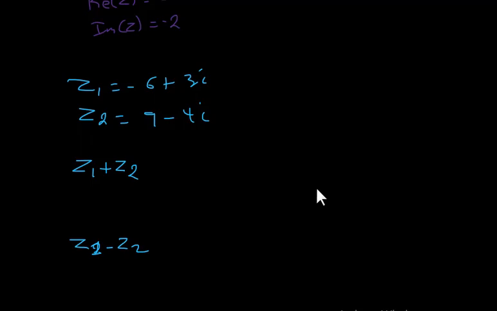When you're working on the sum of complex numbers, it's exactly the same as adding real numbers. For example, if I give you x plus 2, and you're asked to add x minus 5, you just add only like terms.